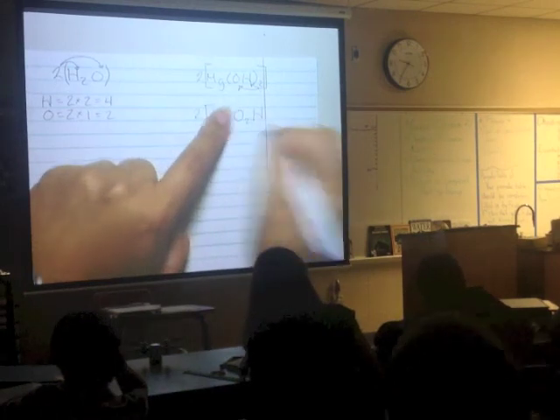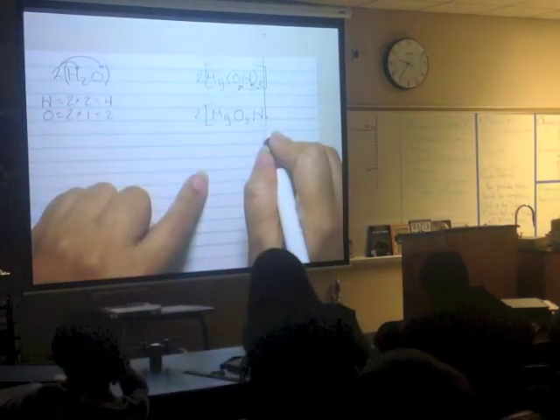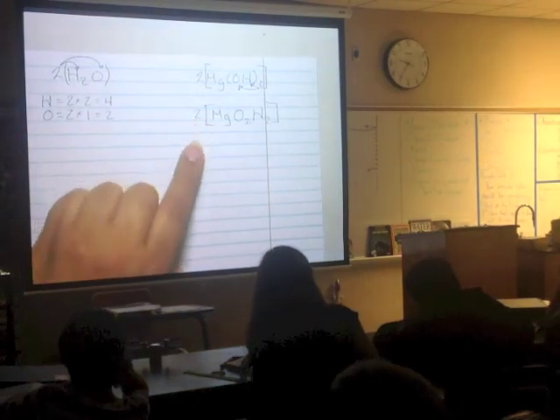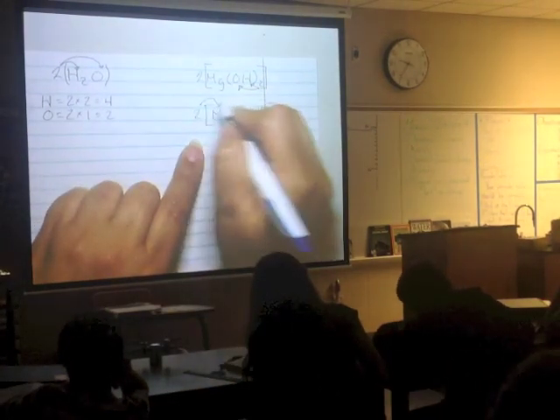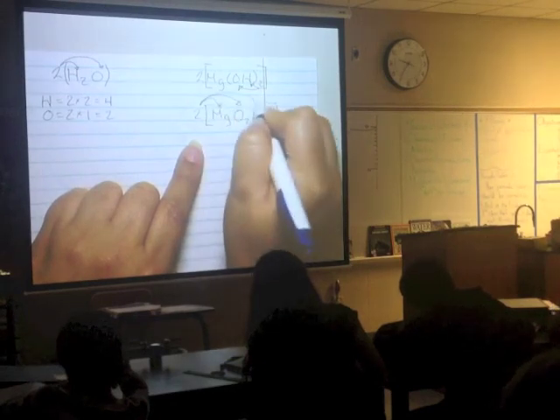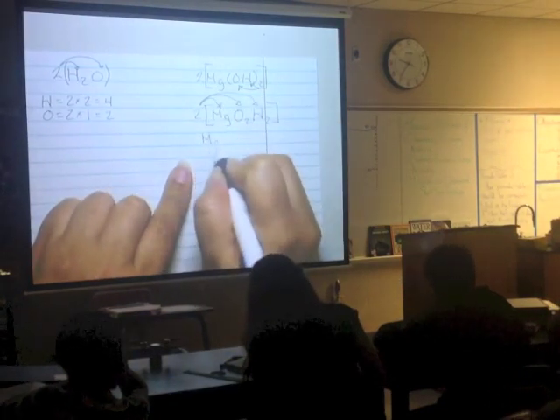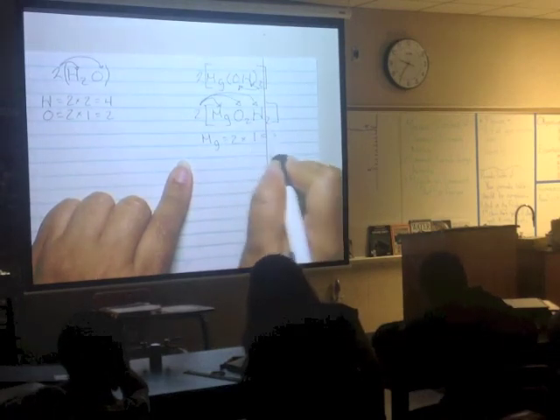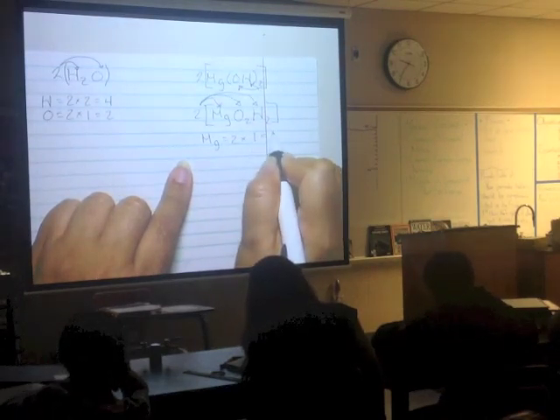And then how many hydrogens will I have? 2. Now I have a big number on the outside, so I distribute in. So for magnesium, I have 2 times how many? 1, which gives me 2.